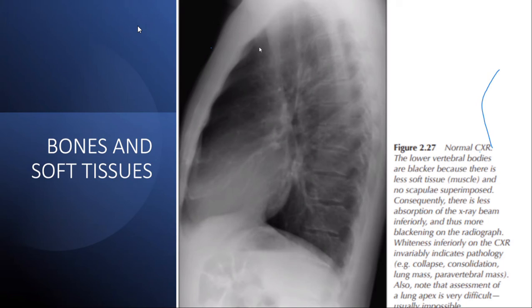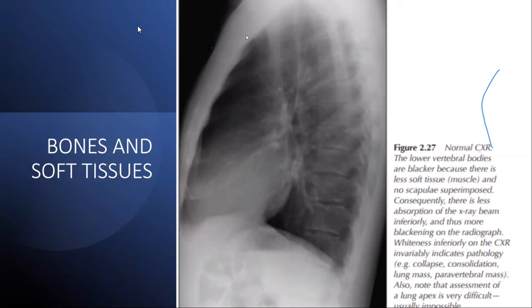It may look like there is a mass lesion or something else. So how will you differentiate? You will have to look for the humerus. You will see that both humeri are there on the lateral chest X-ray. If you find the humeral shadow is there, you will understand that the shadow in the upper lobe is actually due to the soft tissue of the arms, and these are not pathological.